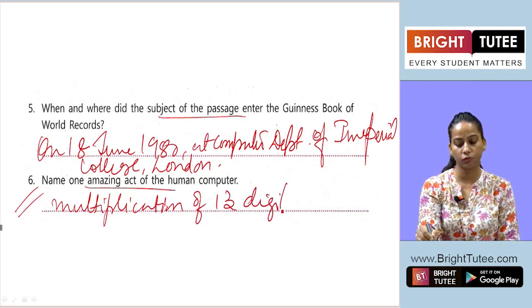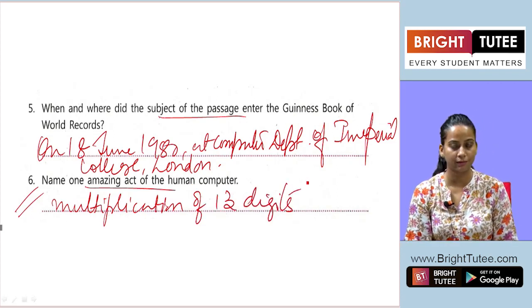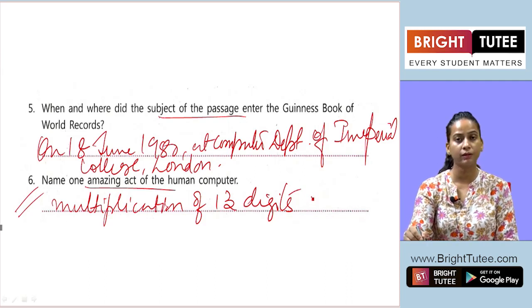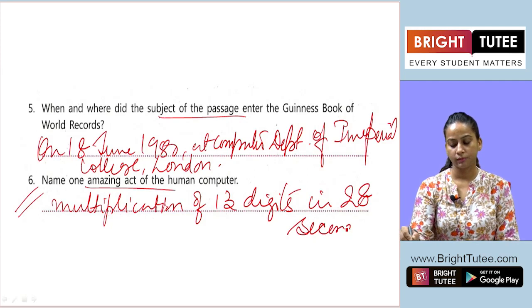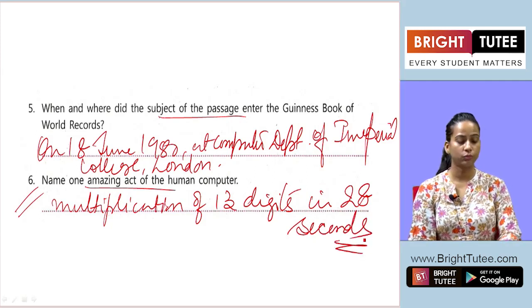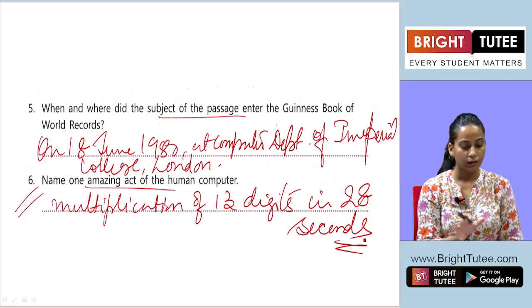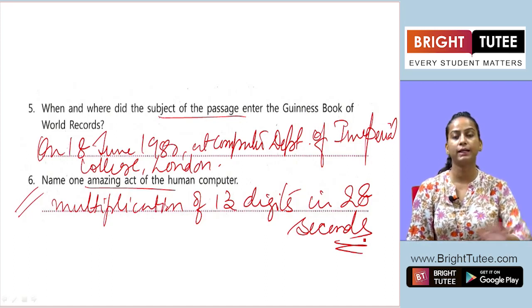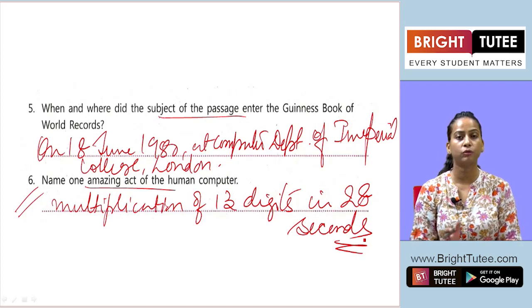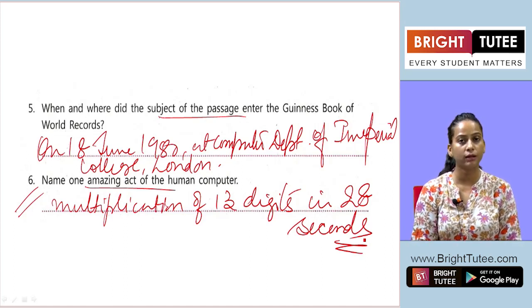You can mention those digits after referring to the passage there. 13 digit numbers within 28 seconds. So it is going to be one of the amazing acts of the human computer. So hopefully you are all clear on how you have to follow the different skimming techniques and the scanning techniques and find out the answers to the given questions.